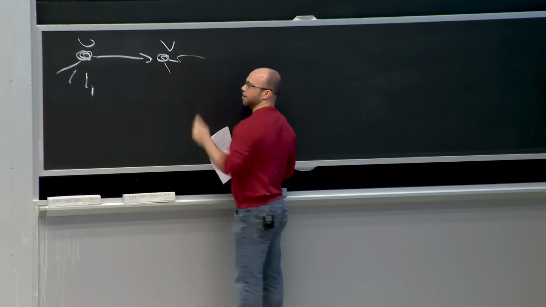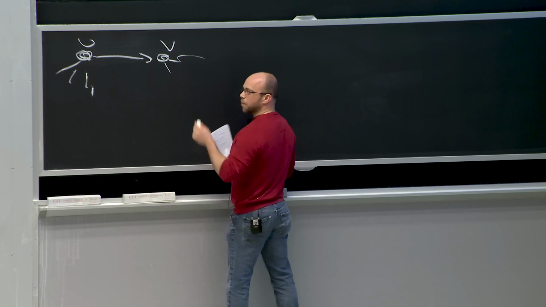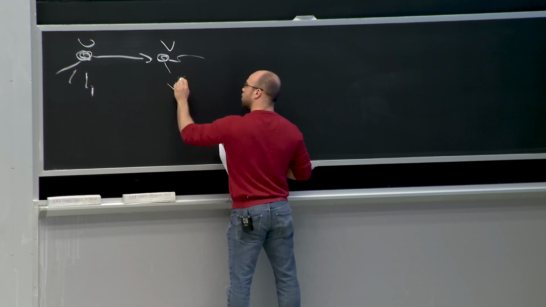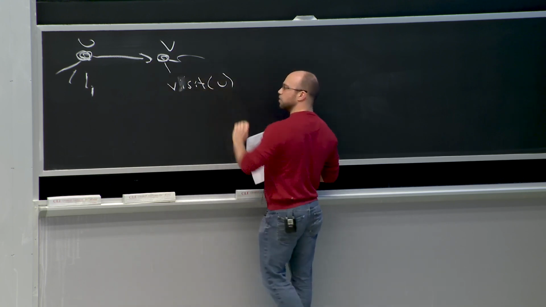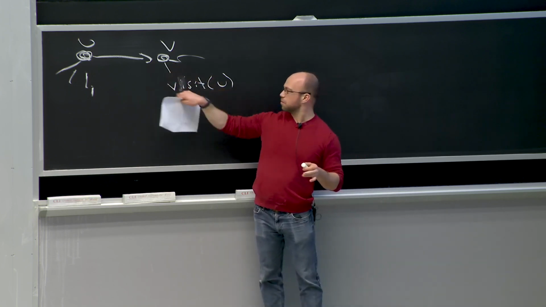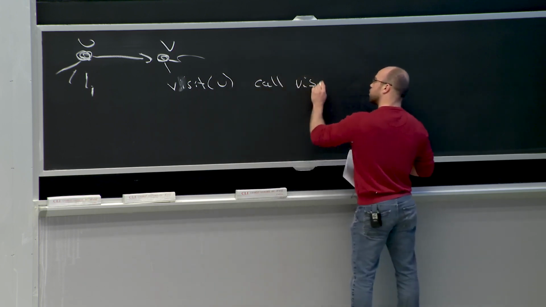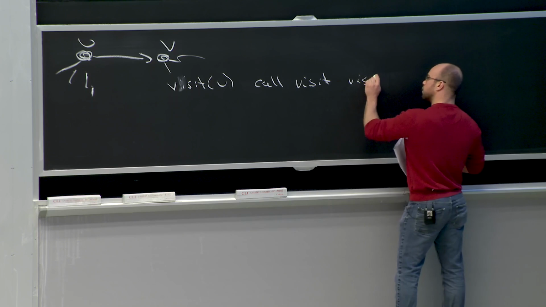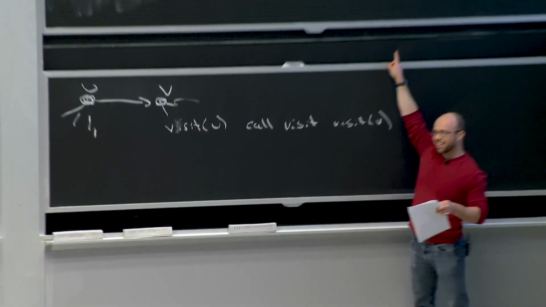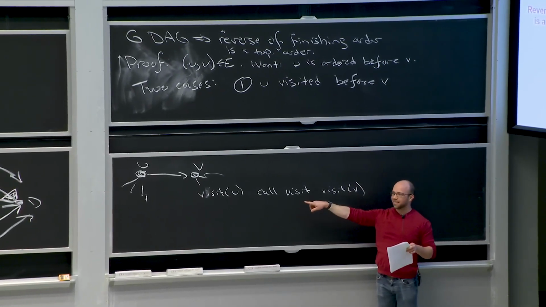And maybe there's other stuff going on outside of V. Just by the way that we've defined that visit function, we know that when we call visit on U, V is one of its outgoing neighbors. So in particular, visit on U is going to call visit on V. And we know that because U is visited before V, so currently V's parent is none when I get to U. That make sense?